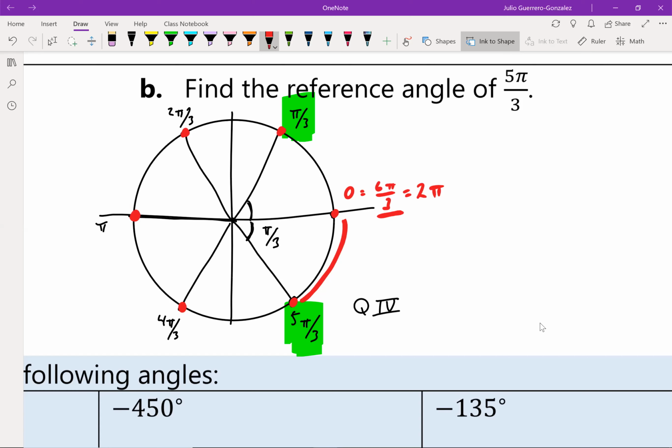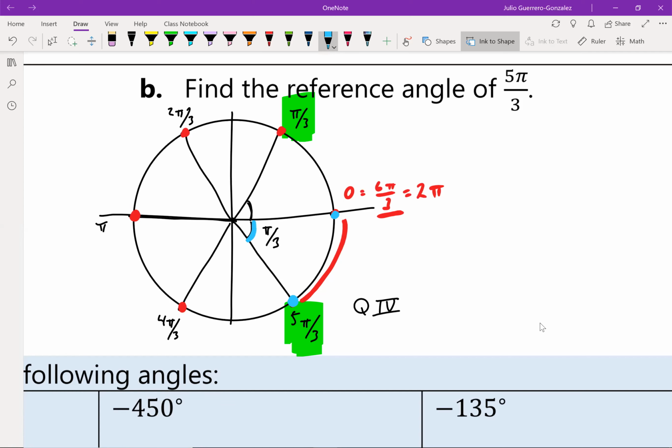When I got here, I was already at 5 pi over 3, and if I add another pi over 3, I get to 6 pi over 3. So that gave me my pi over 3 right there. Oh, you simplified that. Yeah. Got it.